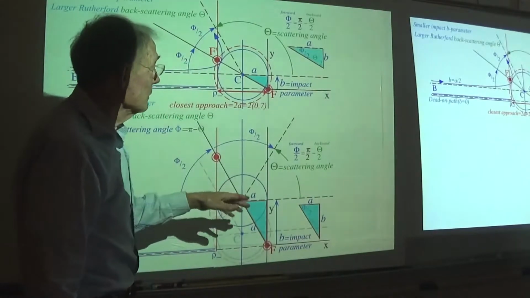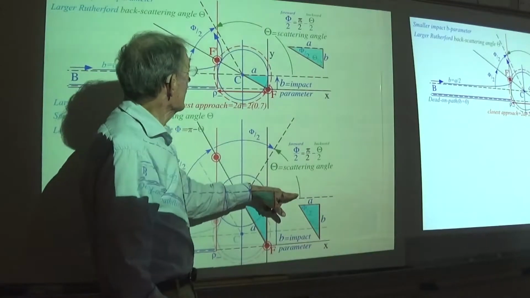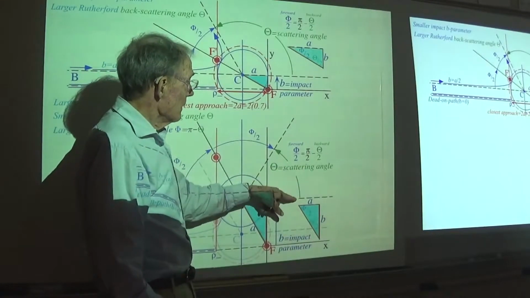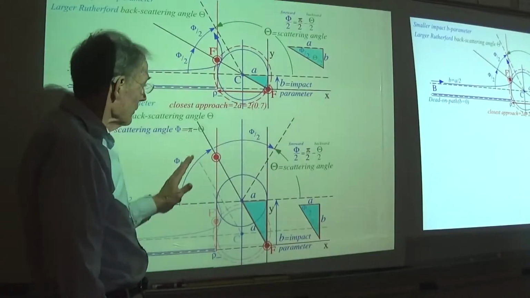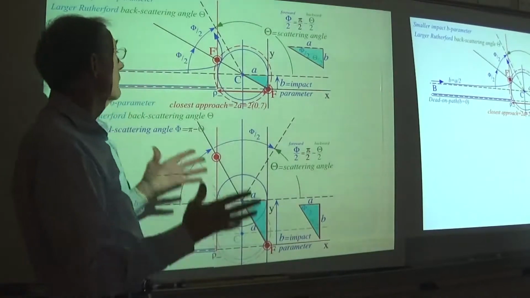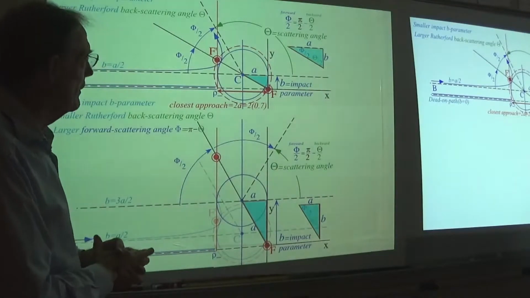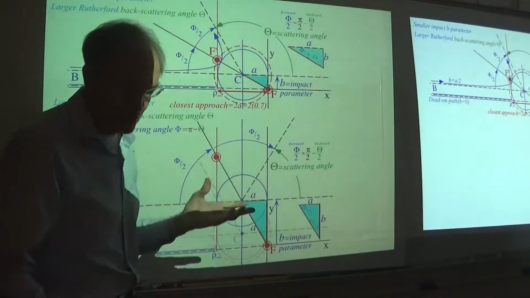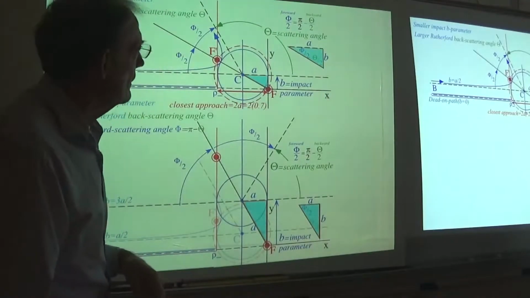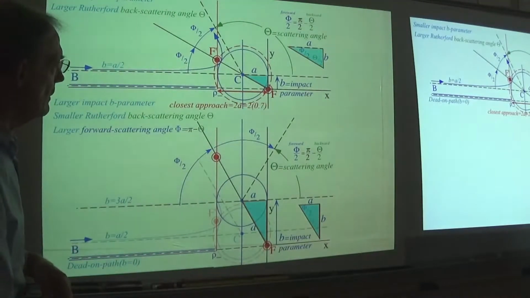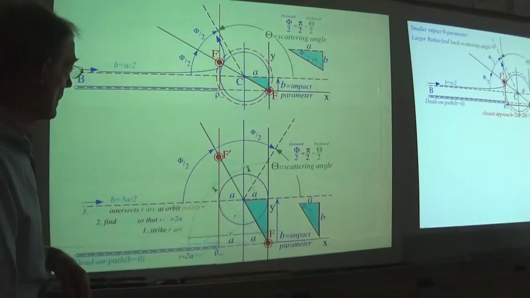Instead of using a back scattering angle, we do the forward scattering angle, phi, Greek F, forward. This is all terminology that if you do any atomic scattering, nuclear scattering, any of that, you'll get used to them talking about these.